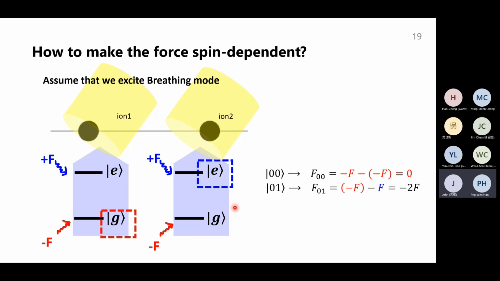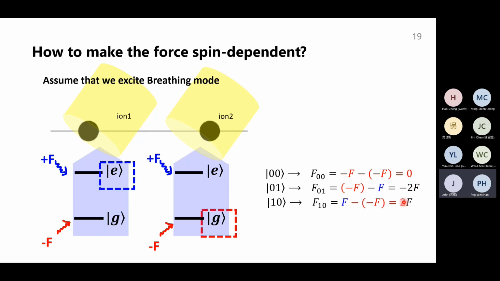But when they are in the 0, 1 state, they actually see opposite forces. But because the breathing mode pushes them to move oppositely, the forces superpose into negative 2F. The same goes for the 1, 0 state and then the 1, 1 state.